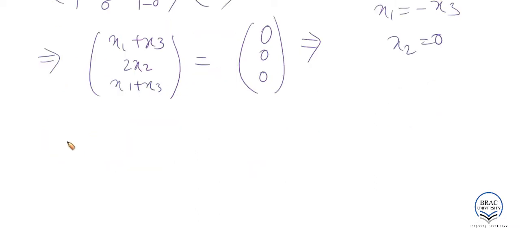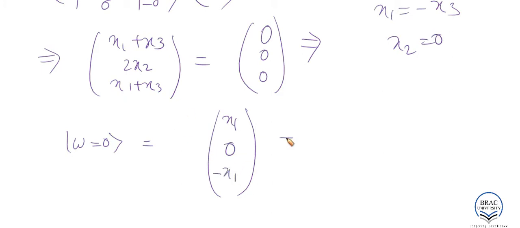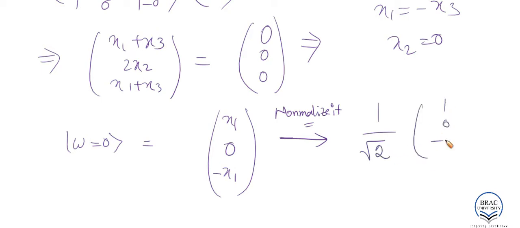So the eigenvector that corresponds to omega equals 0 will be given by x1, 0, and since x1 equals minus x3, x3 equals minus x1. If you normalize it, this will be 1 over square root of 2 times (1, 0, minus 1).